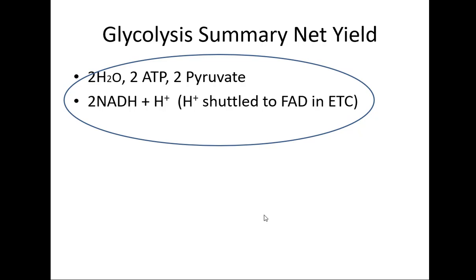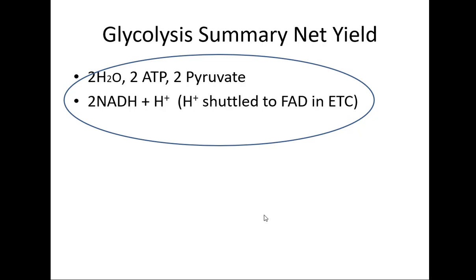But total glycolysis releases 4 ATP, so net ATP is 2 ATP. Does it make sense? So the net yield is 2 water, 2 ATP, 2 pyruvate, and 2 NADH plus proton. Actually 2 NADH plus 2 protons, right? 2 NADH plus proton.